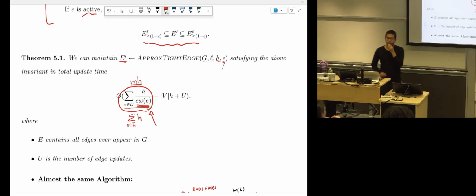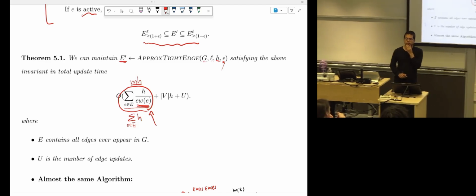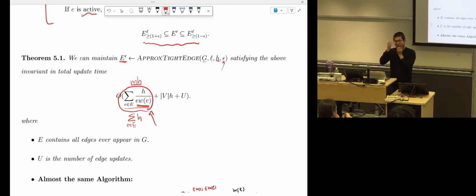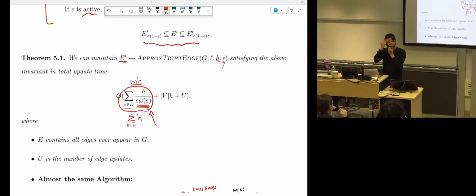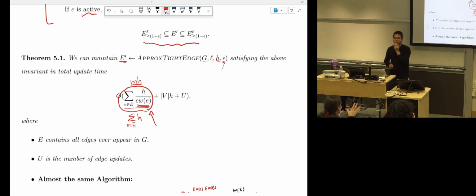Yeah, okay. We only update every 1 over epsilon times the weight of the edge level increases. Mm-hmm. And there are at most 2H level increases between those 2 things. So that's how many possible for each edge.